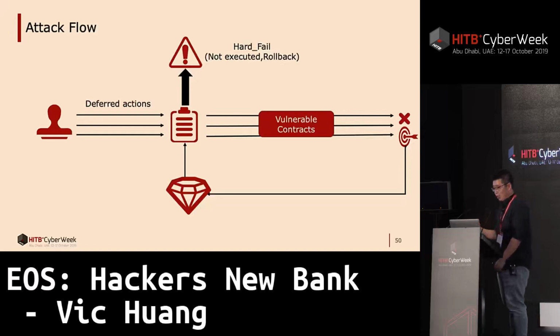Some contracts said, okay, there are a lot of inline action attacks, so we force you to use deferred actions to transfer the bet money. Here's an example. You use the deferred actions to transfer the money, and you use the proxy contract to transfer to the rival contract.